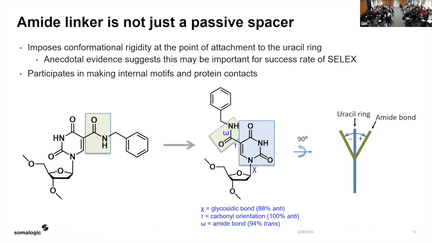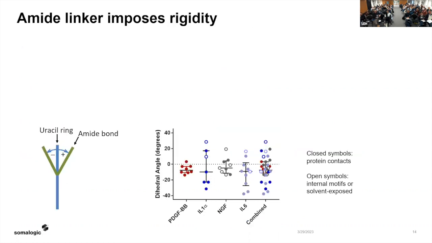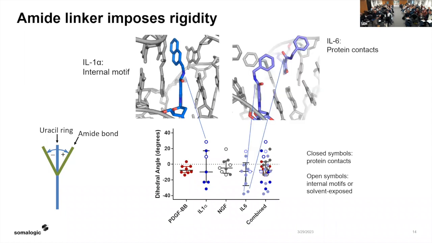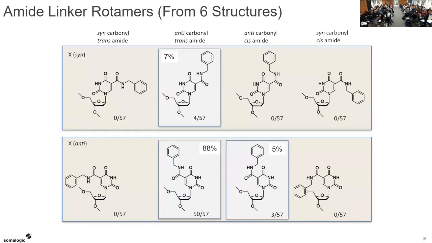And so it turns out that this does make at least the amide bond coplanar with the base. When we do see deviation from coplanarity, it's generally because there is an interaction, either intra or intermolecular, with something else that drives us away from coplanarity.